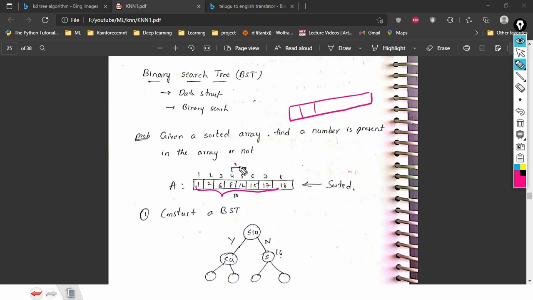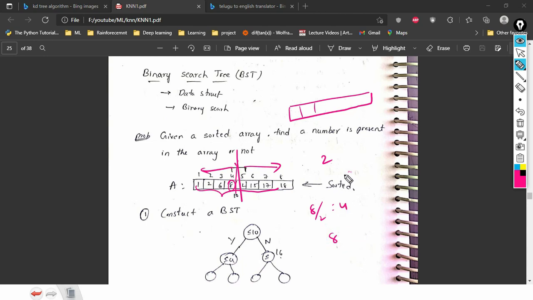For example, if we want to find the value 2, we split here: 8 divided by 2 is 4, at 4 we have 8.